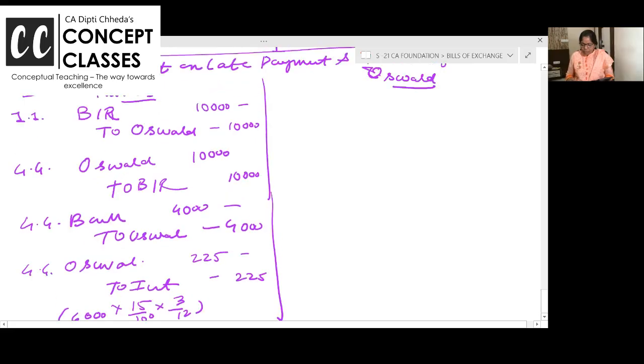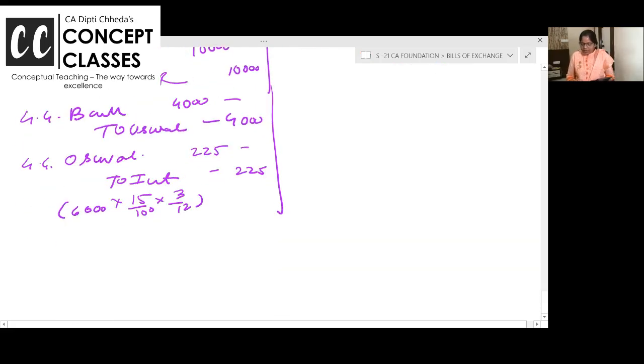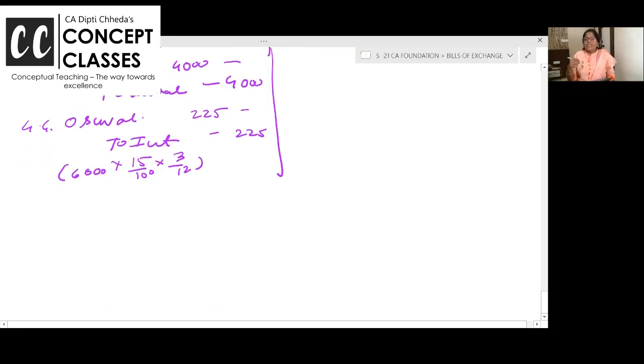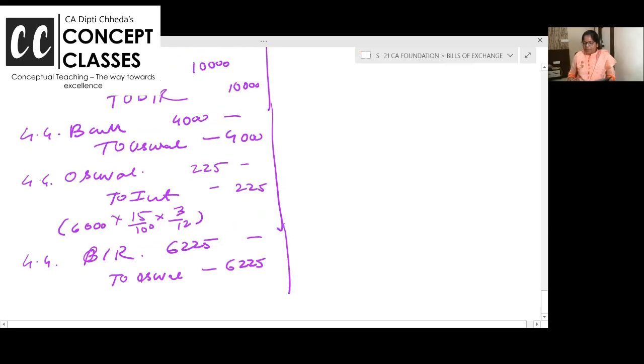Oswald has given you 4,000 and Oswald should give you 225 interest. Sometimes interest is also received in cash, but they said draw the second bill along with interest. So on the same date, another bill will be drawn. Bills receivable account debit to Oswald 6,225. Oswald, pay me another bill for 6,000 along with 225 interest.